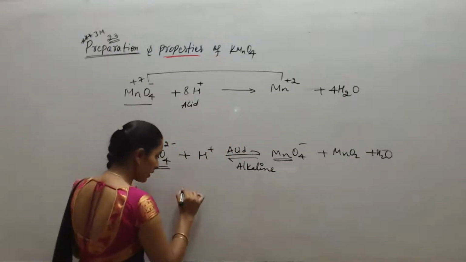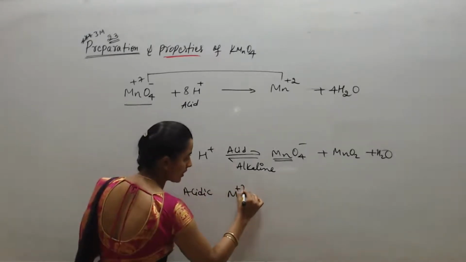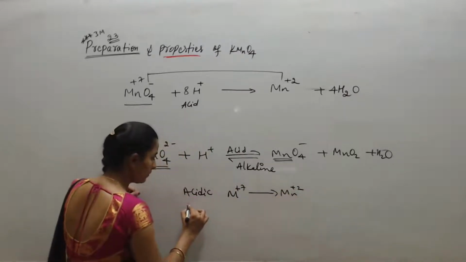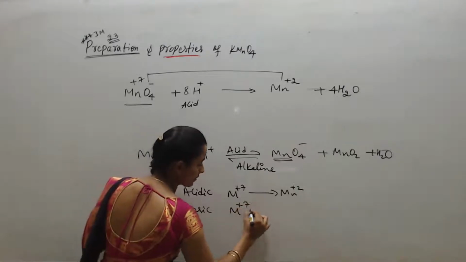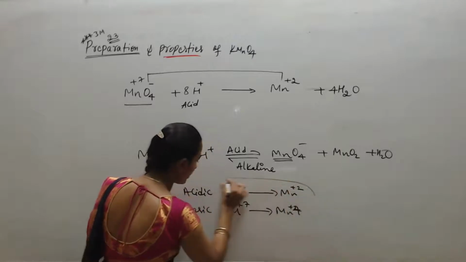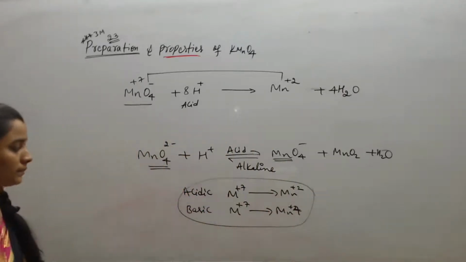So remember one thing: in acidic medium, Mn plus 7 changes to Mn plus 2 state. In basic or alkaline medium, Mn plus 7 changes to Mn plus 4. You remember this thing? That is more than enough for you.